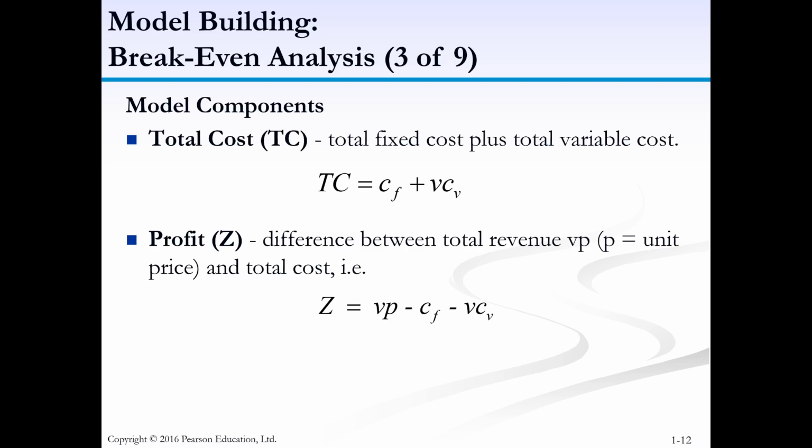So the total cost is then the summation of fixed cost and variable cost, and the profit is equal to revenue minus expenses. Revenue or sales would be equal to unit price, which is P, multiplied by the volume or number of units sold. Profit is the total revenue minus the total cost, and the total cost is CF plus VCV, the total variable cost.